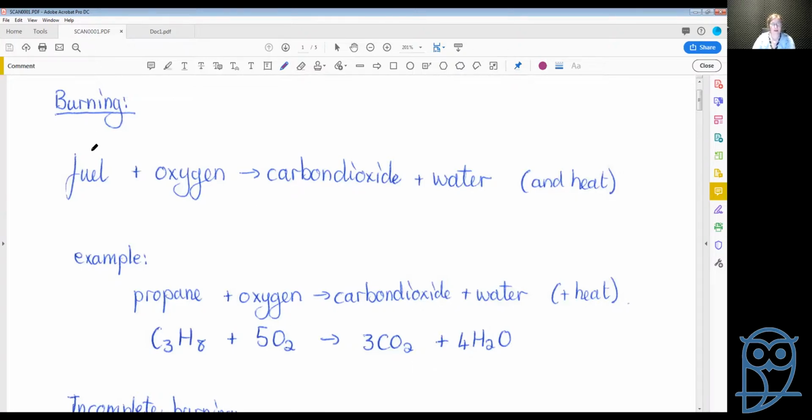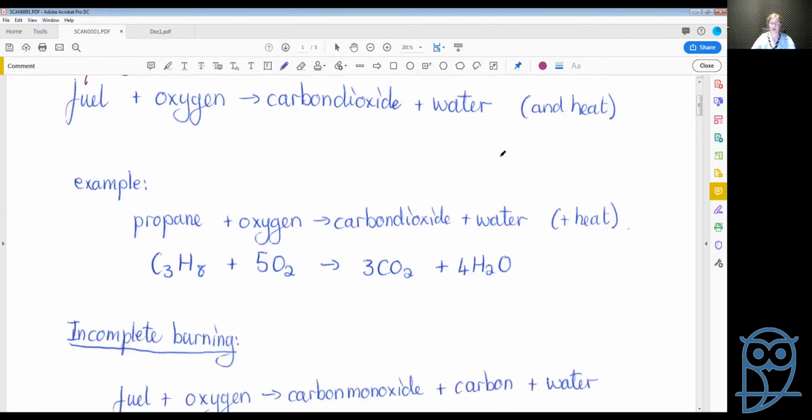Okay. So this fuel in general is some kind of hydrocarbon. So a hydrocarbon is some combination of carbon atoms and hydrogen atoms in some kind of way. You will see what I mean now.